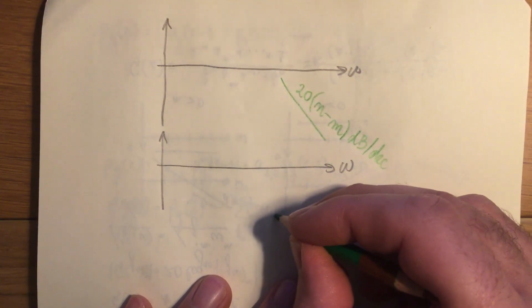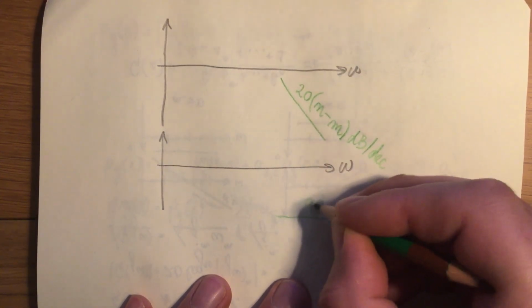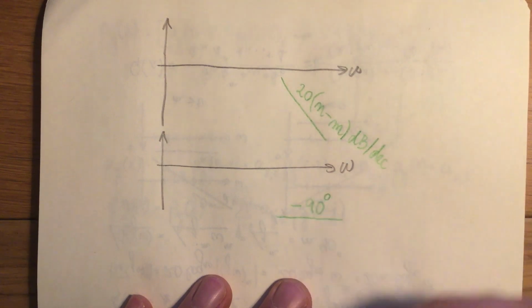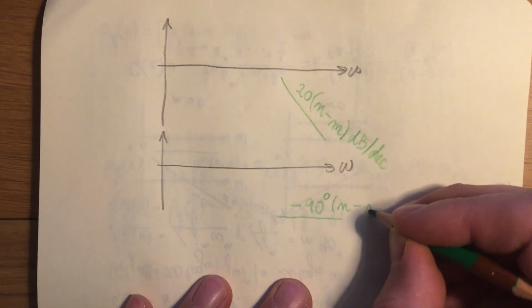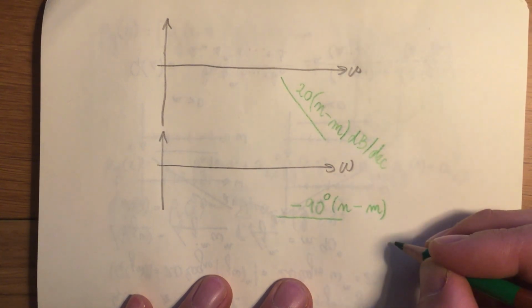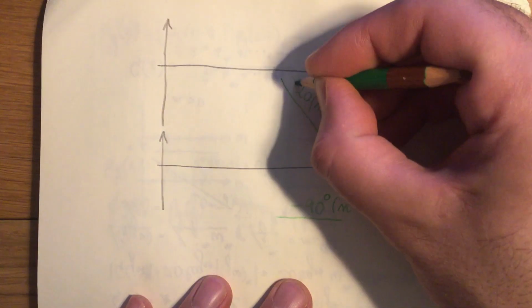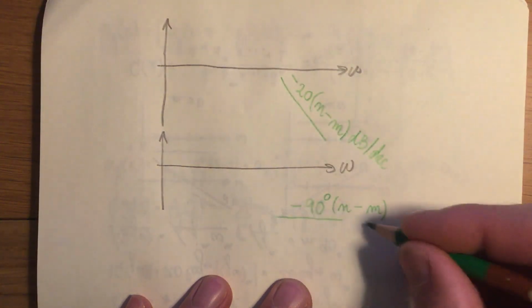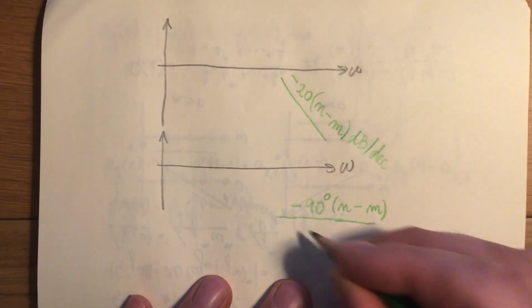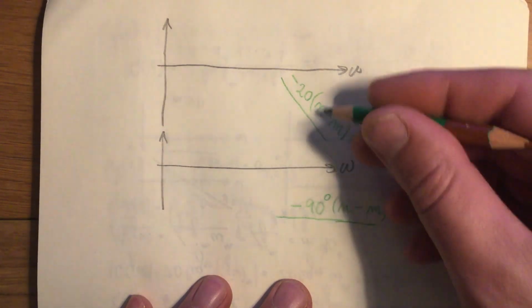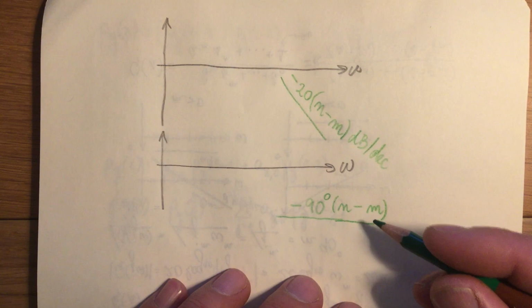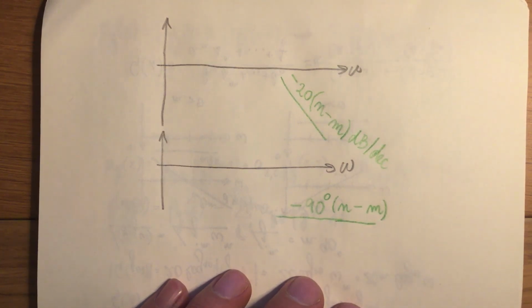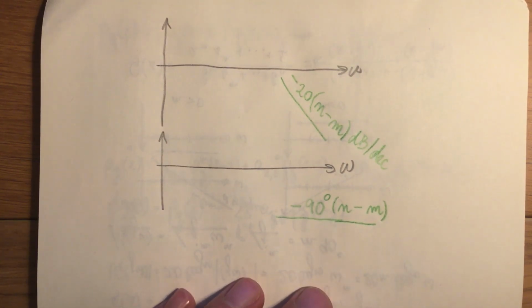The phase will be equal to minus 90 degrees times the number of poles minus the number of zeros. This slope, of course, is negative, just as the phase is negative, because in actual plants the number of poles exceeds the number of zeros.